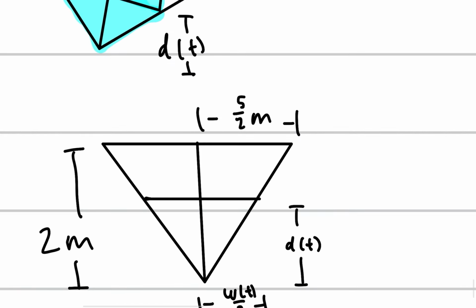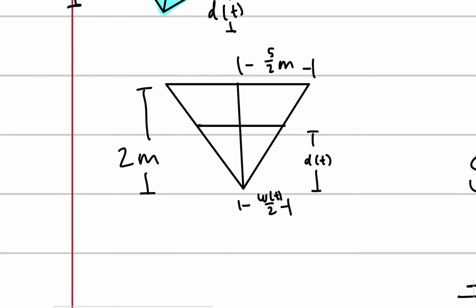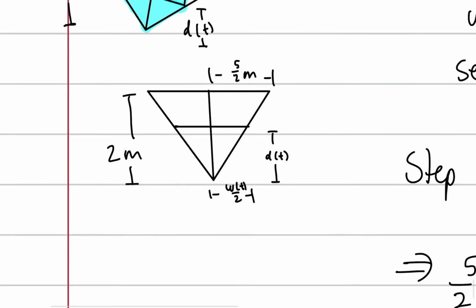And from here we have a cross section. Notice how it's an isosceles triangle with a height of 2 meters, and the other one has a height of d of t. Also notice how the easiest thing to do here is to look at the two right triangles, which have base 5/2 meters and w of t over 2.